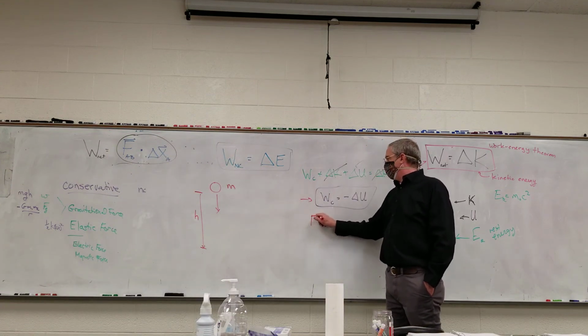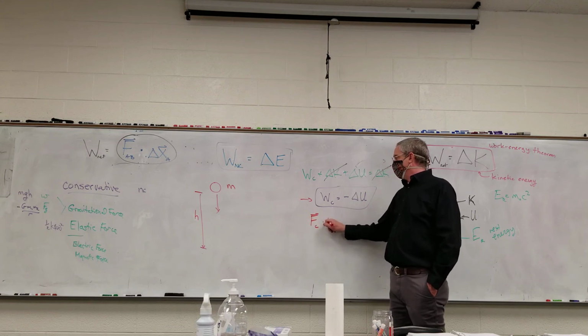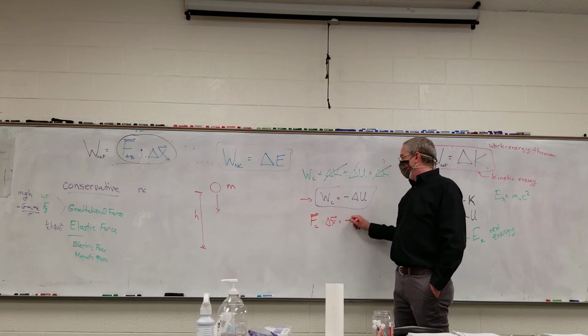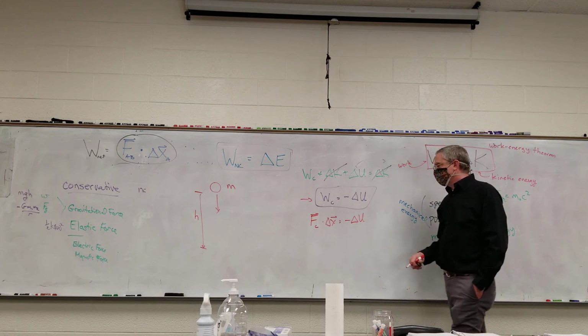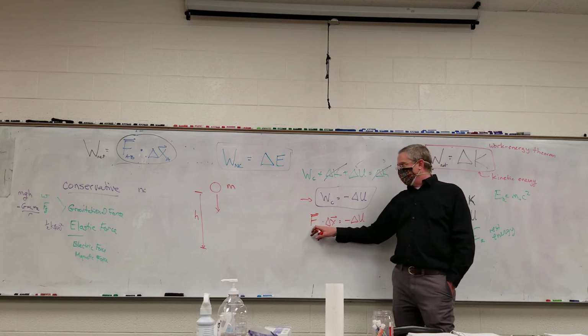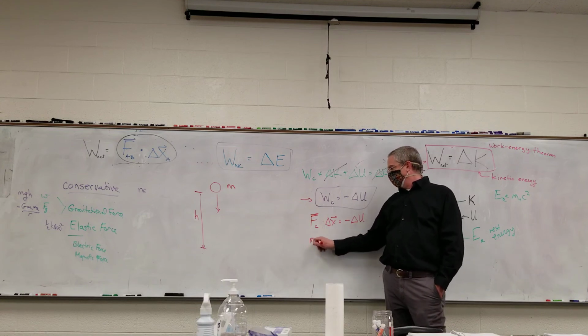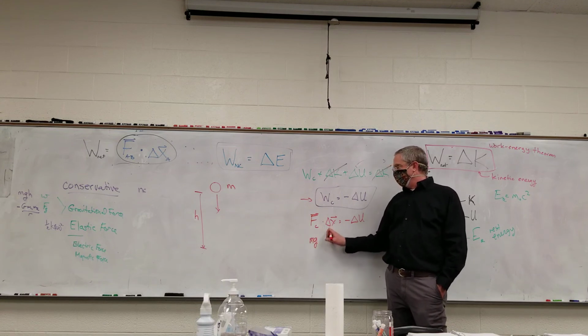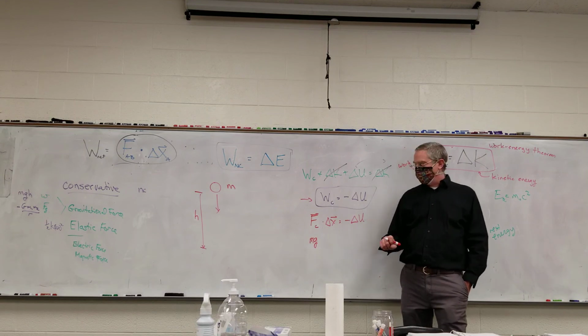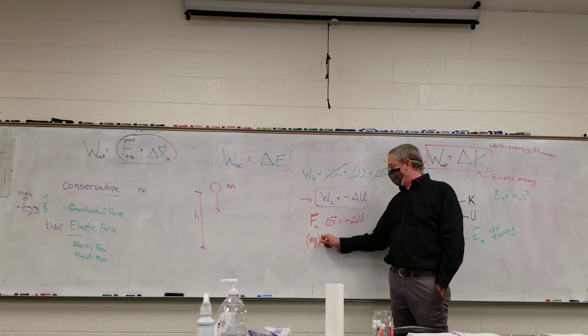Conservative work is the conservative force times the displacement, the negative change in potential energy. My conservative force is my weight, mg. In the same direction as my displacement, so technically it's mg times my displacement h.